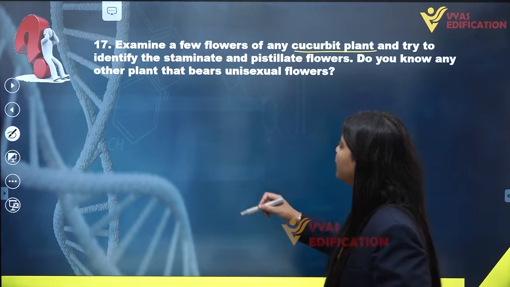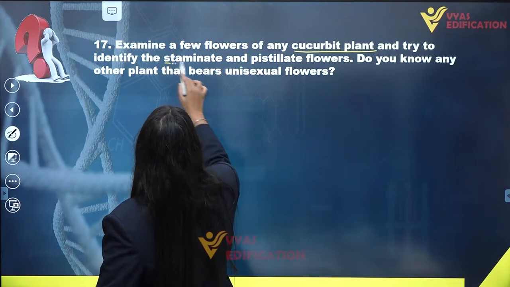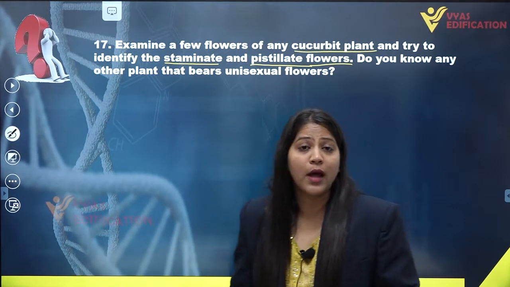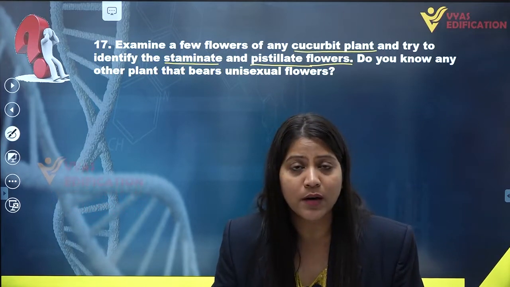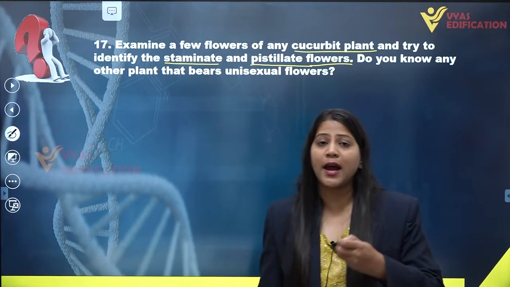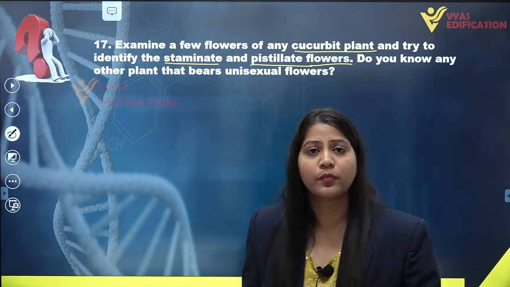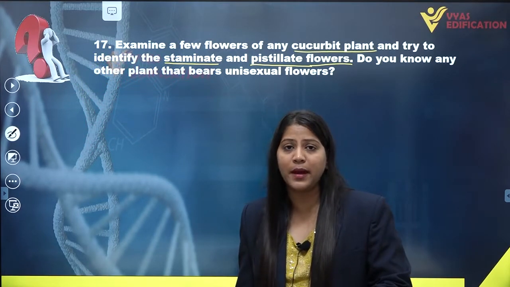Now the question is asking, identify the staminate and pistillate flowers. As we know, unisexual flowers are the flowers inside which only one kind of reproductive organ is present, either male or female.